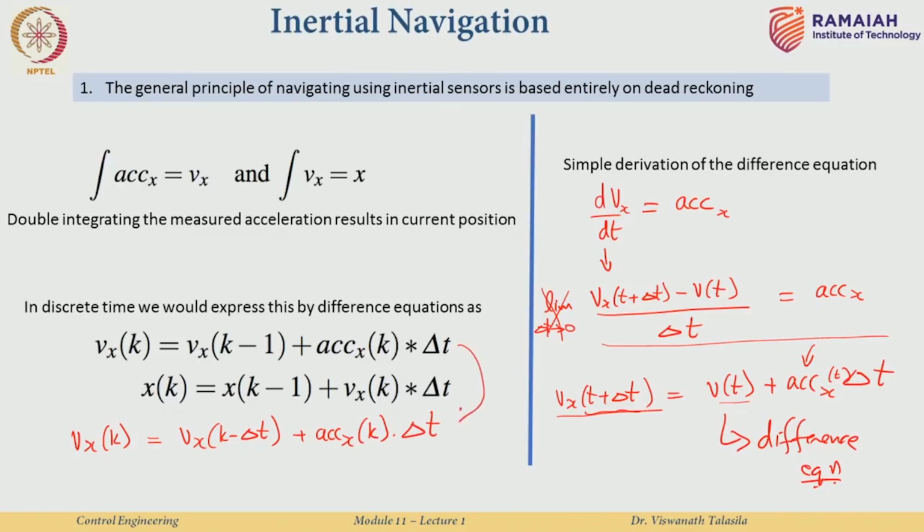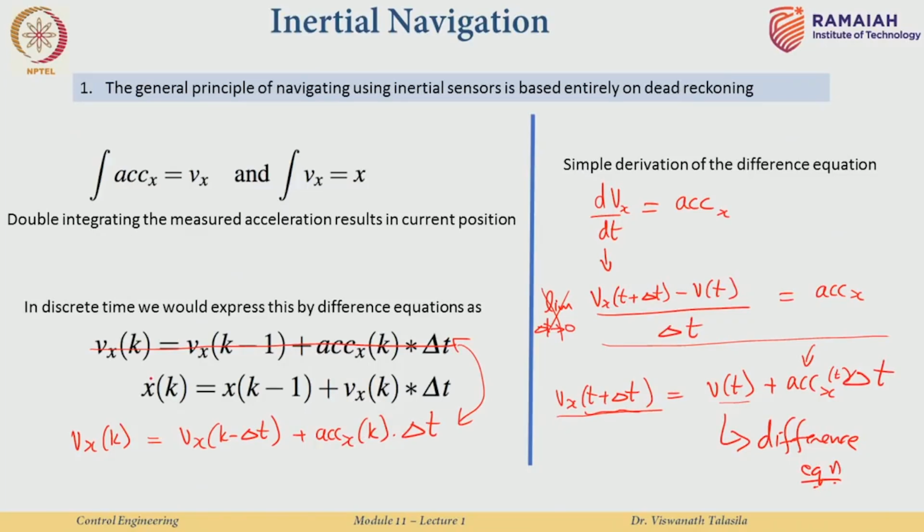This is the same as the earlier equation except that I have used a slightly different notation. We will not be using this notation so much. This is the kind of notation which you will see when you write your code, and I will show you this a little bit later. For our discussion now we will use the earlier notation, and we will come back to this when I explain the code to you.